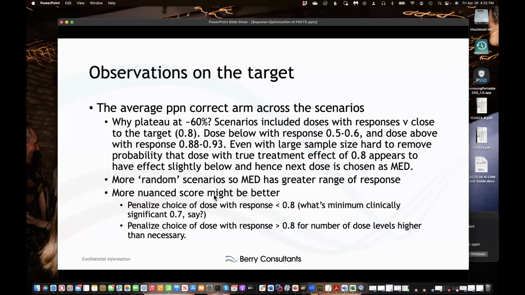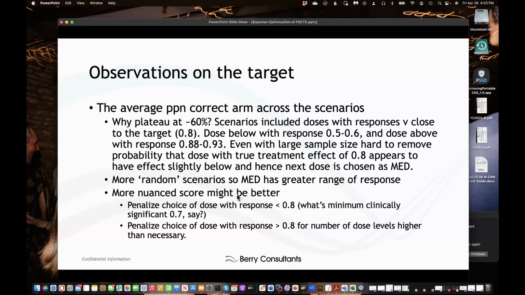It might also be better to have had a more nuanced score rather than simply have you found the MED, maybe penalizing selection of doses below the MED, depending on how far below the response compared to control, how much below 0.8 they are, maybe zeroing out at 0.7, and penalize choices of doses with a response that's greater than the MED dose by the number of dose levels higher that they are higher than necessary.